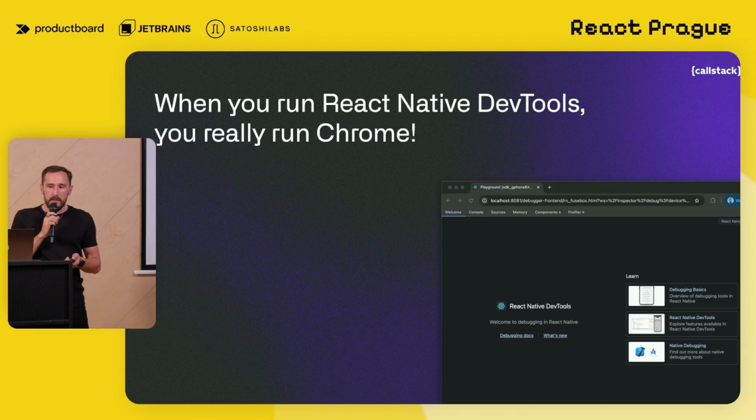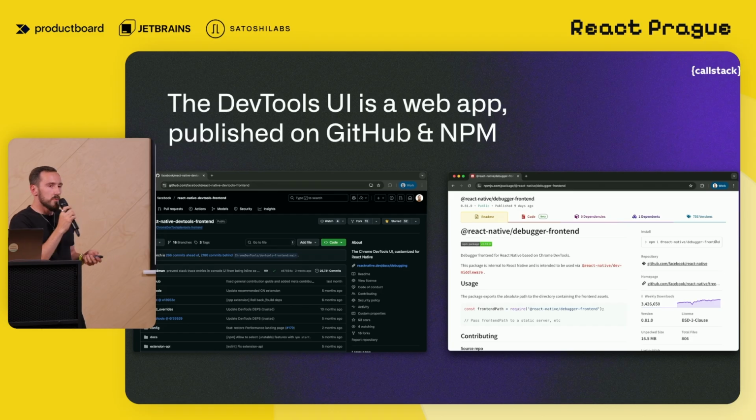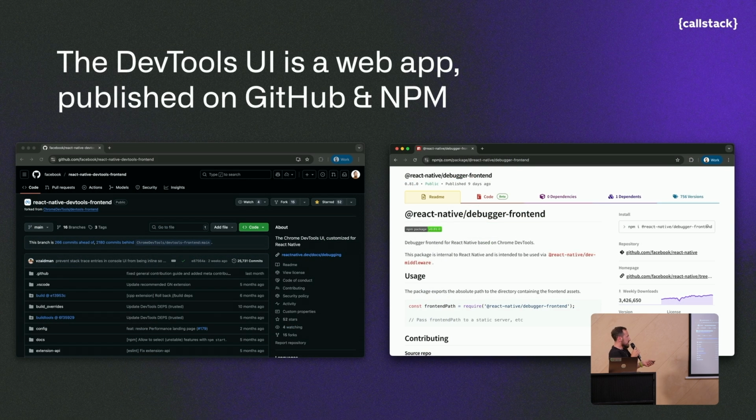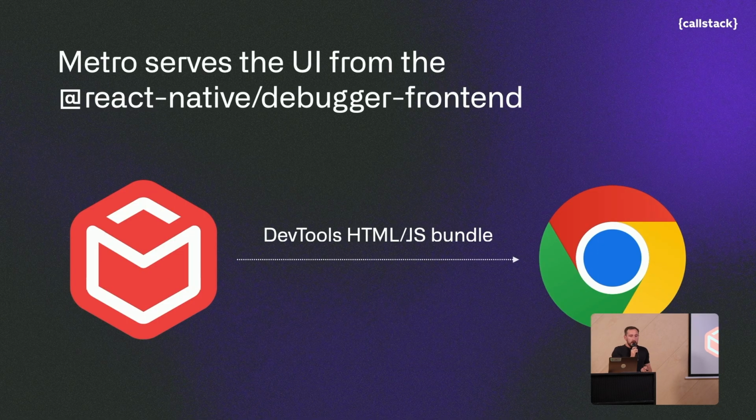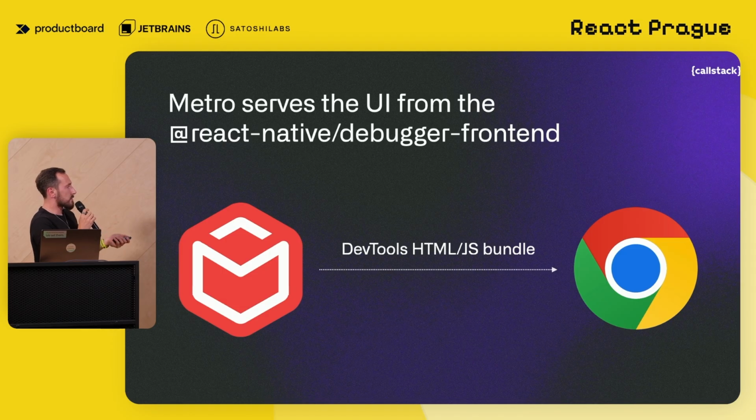So basically, DevTools UI is a simple web app. The source code is obviously available on GitHub, plus the same code is then bundled and published as React Native Debugger frontend. Next fact is that Metro serves this UI, so HTML files plus JavaScript files, to the Chrome browser.